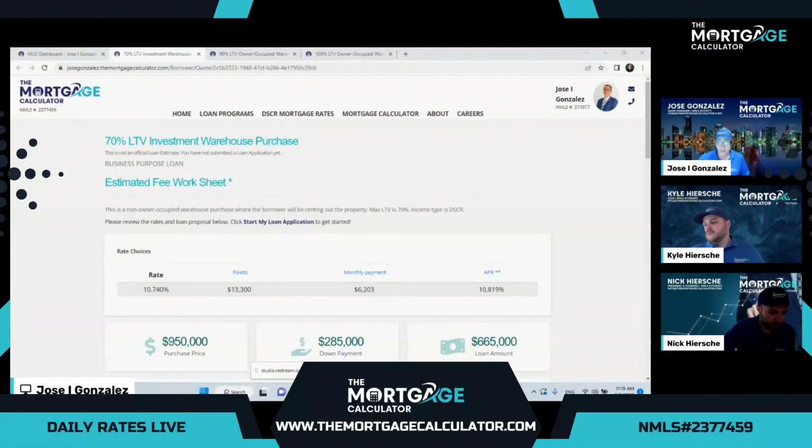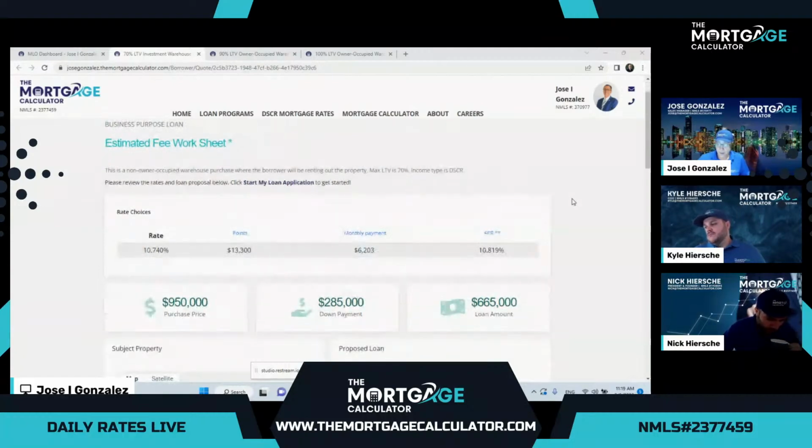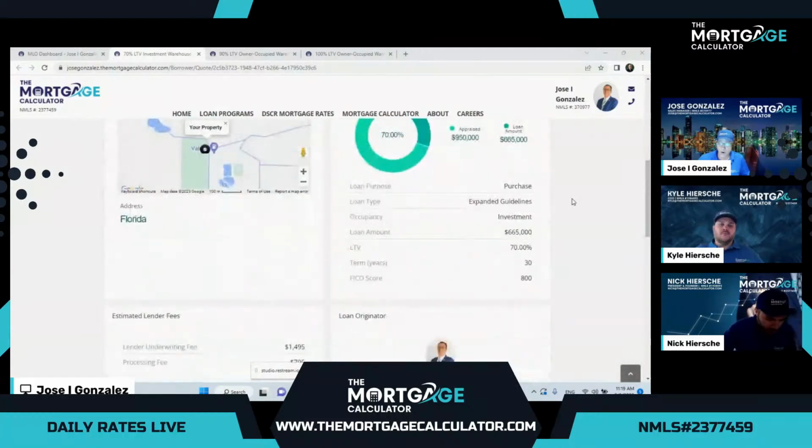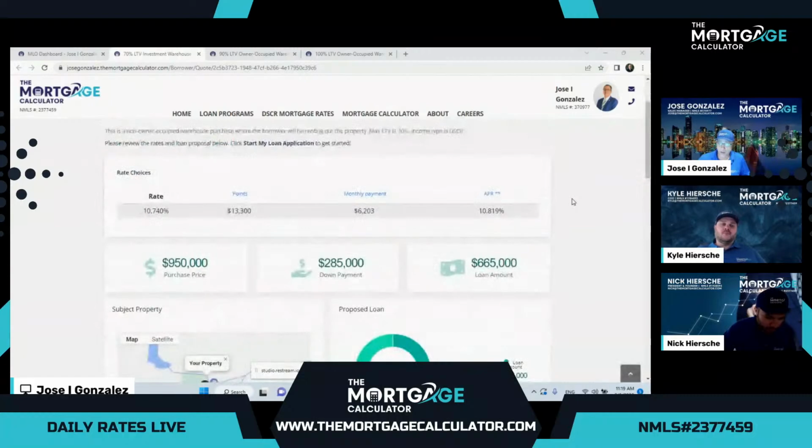In this type of scenario here, it's fixed rate, 10.74% with a cost of 2 points. So for our scenario here, we have a $950,000 purchase price. So again, this is an investment where you are purchasing it to rent it out only. This is not going to be occupied by your business.